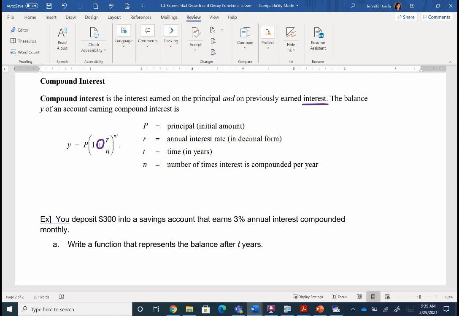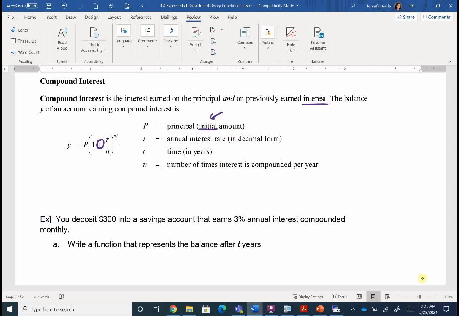So you might be thinking, if I do have this in a savings account, you can figure out how long it's going to take you to get to a certain amount. That can be a cool thing to do, especially if you have a goal in mind, something you're saving up for. So let's look at the different pieces of our equation. We have our P, which is our principal, and that's just our initial.